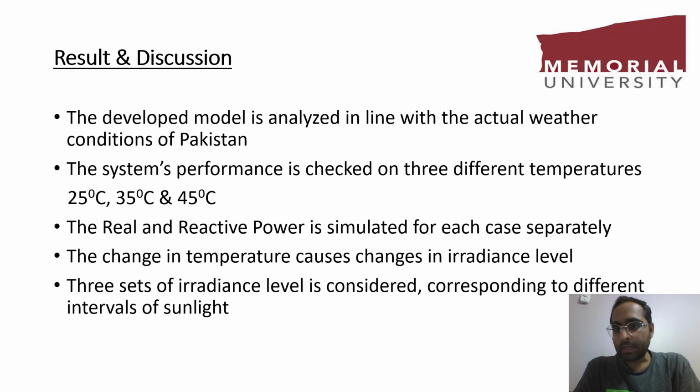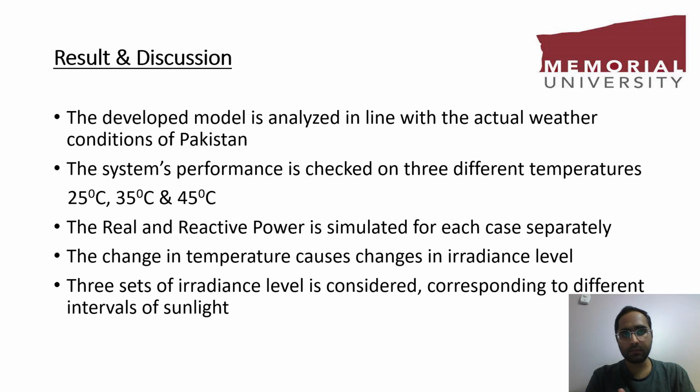We actually analyzed the developed system, the developed solar power plant, according to the actual weather conditions in Pakistan. Pakistan is a country which usually has a longer summer and shorter winter. So we actually deployed that particular set of temperatures to the power plant.